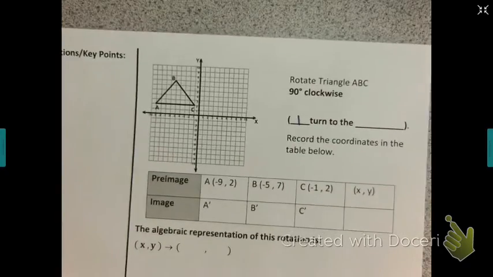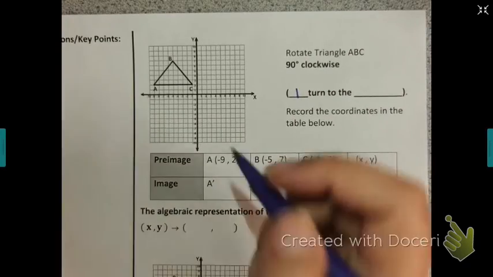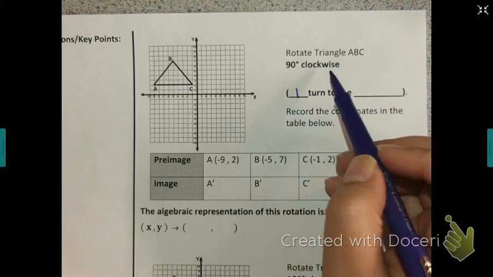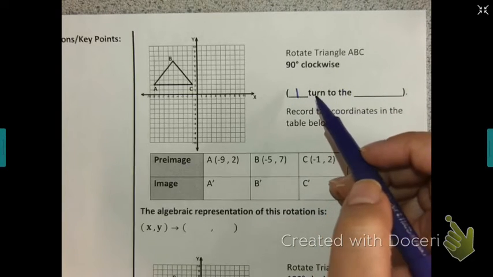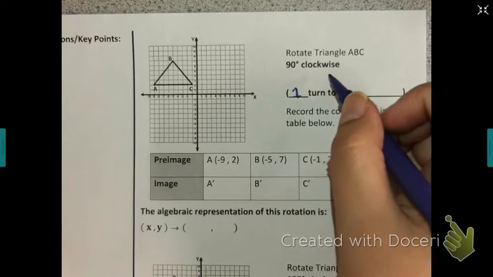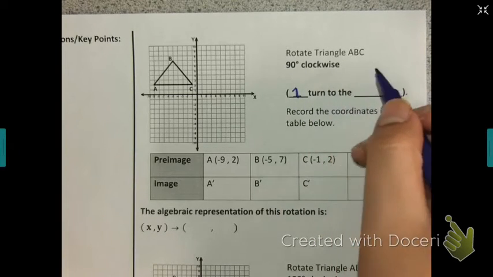All right, let's go ahead and do this one right here. We have a triangle ABC, and we want to rotate the triangle ABC 90 degrees clockwise. From our information sheet, that's going to be 1 turn. Clockwise, it's going to be to the right.